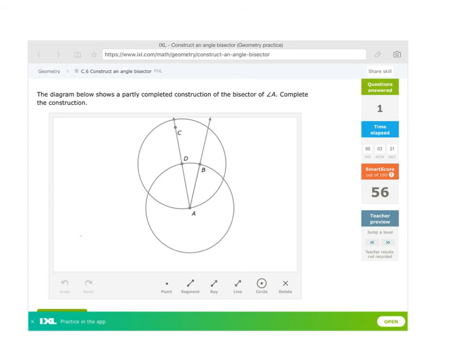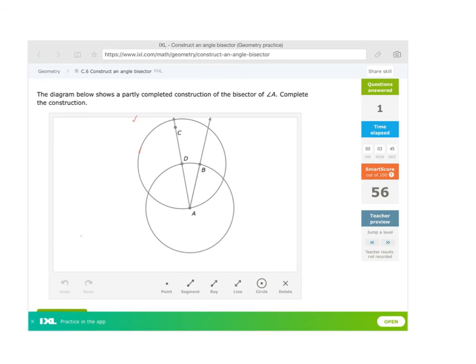We started off with center A, radius AB, and we drew a circle. So we got that first part. Then we took D and A, and we drew the circle.